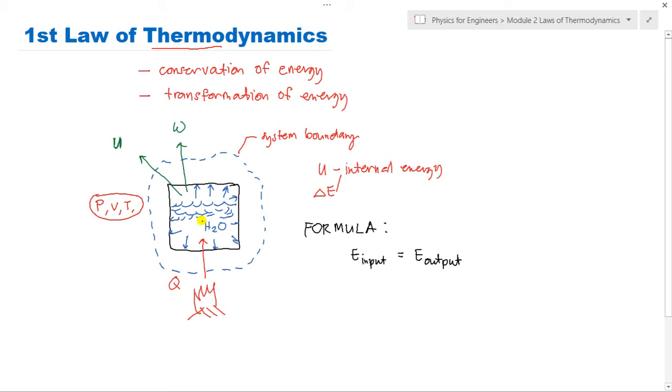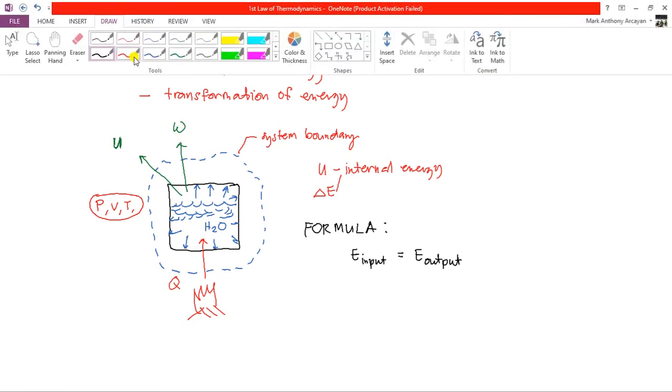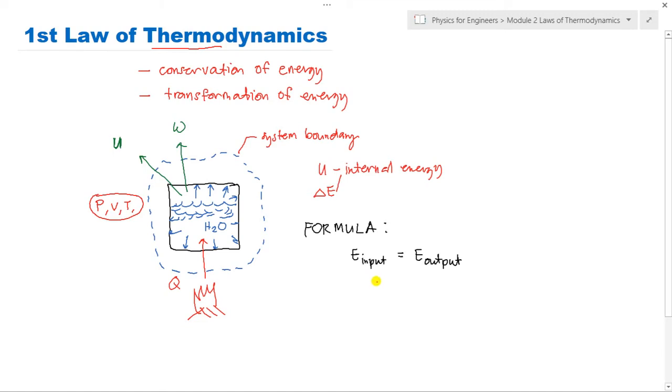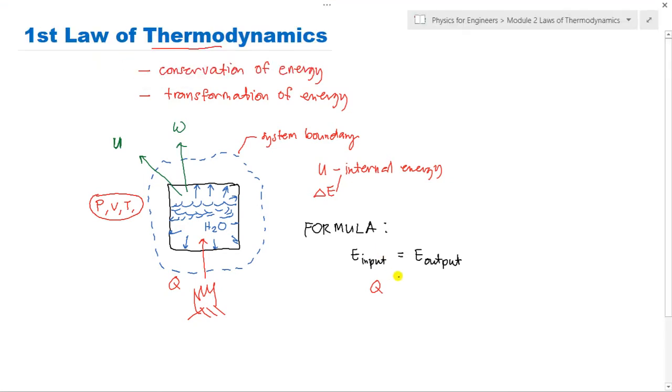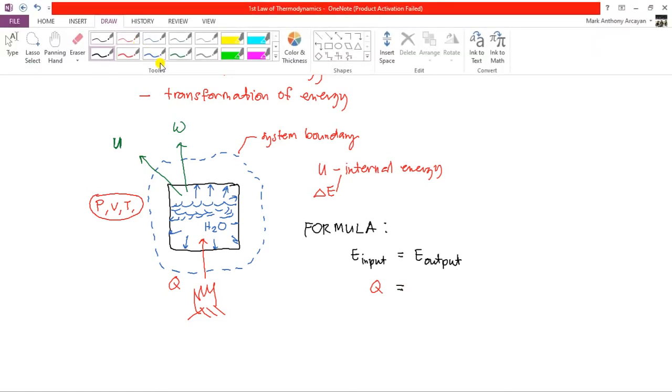So from the point of view sa water, unsa pay input nga energy? Of course, ingon mo nga nag-add ko og heat. So therefore our input energy is Q. Okay, that is the heat. And then what would be the output? Okay, ang output, so tungod sa pag-init nako, midako daw ang internal energy. So therefore that would be the output. Okay, increase daw yung internal energy.